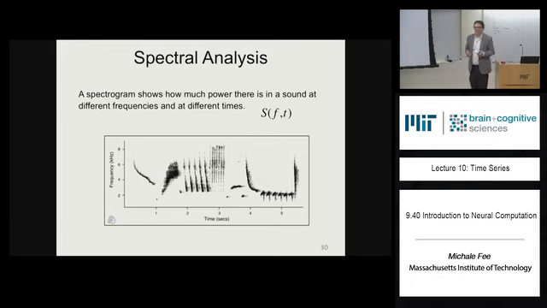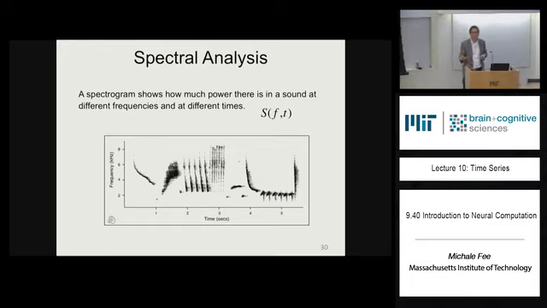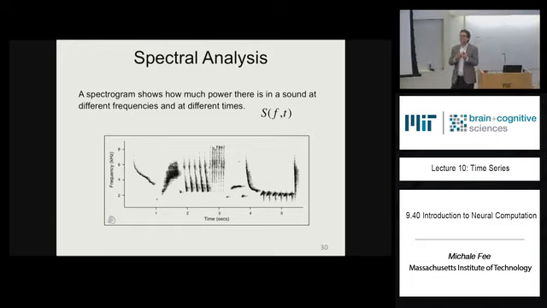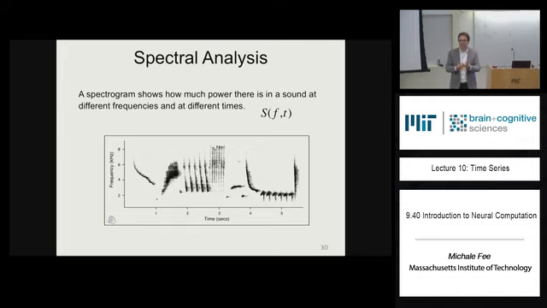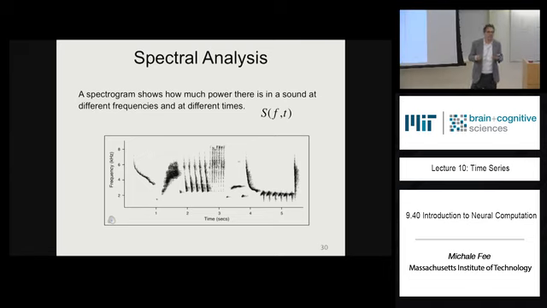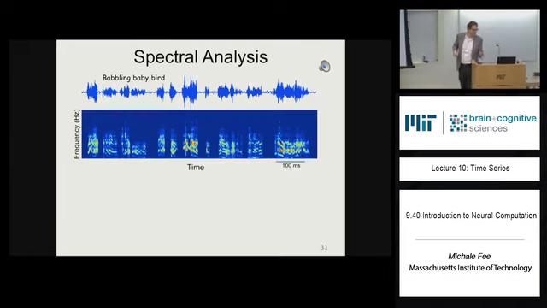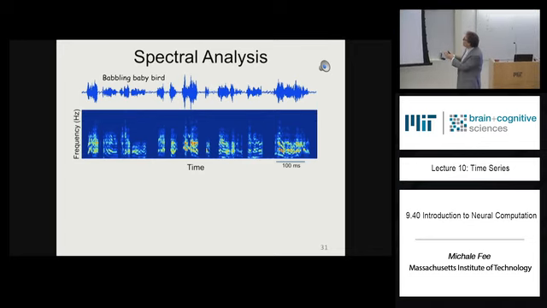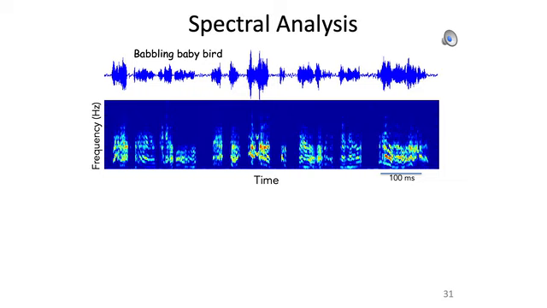So you can see visually what's happening, even though if you were to look at those patterns on an oscilloscope or print it out on the computer, it would just be a bunch of wiggles. You wouldn't be able to see any of that. Here's another example. This is a baby bird babbling, and here's an example of what those signals actually look like. Just a bunch of wiggles.